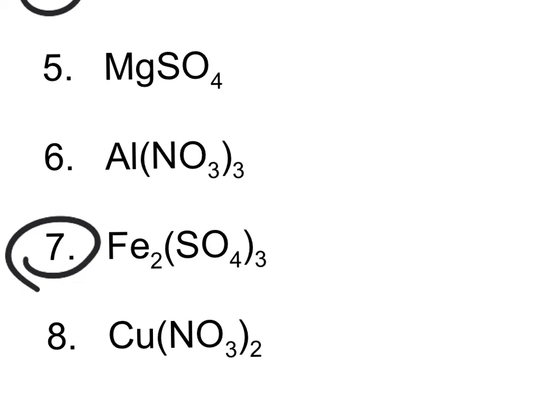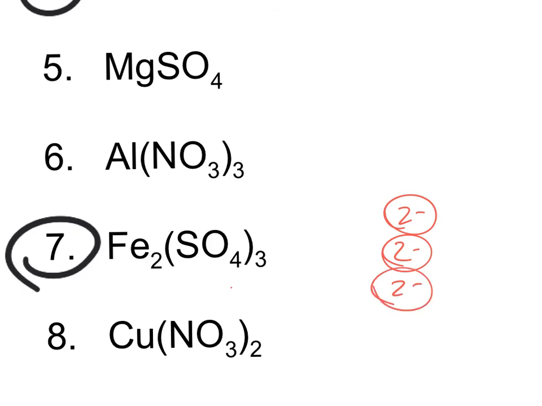All right, the question is, what is going to be the charge on this iron ion? And we have 2 iron ions. Let's think through this, okay? We've got 3 sulfate ions. Each sulfate has a 2- charge. I'm just going to write 2-, 2-, 2-.